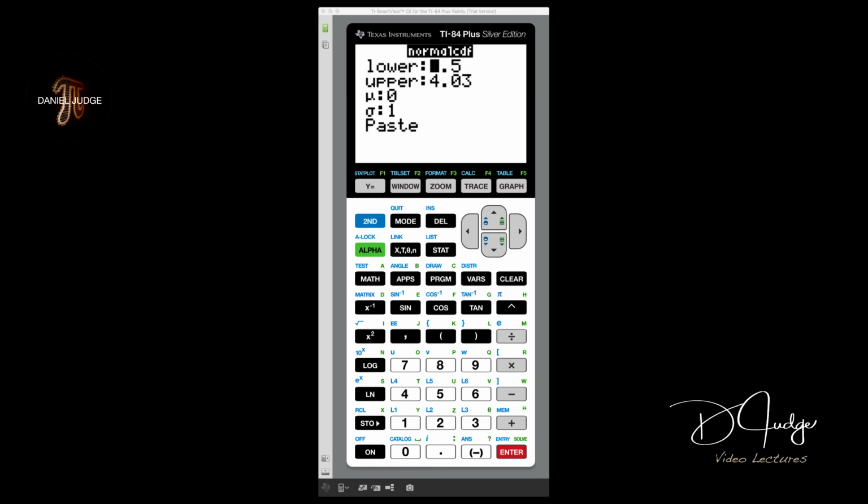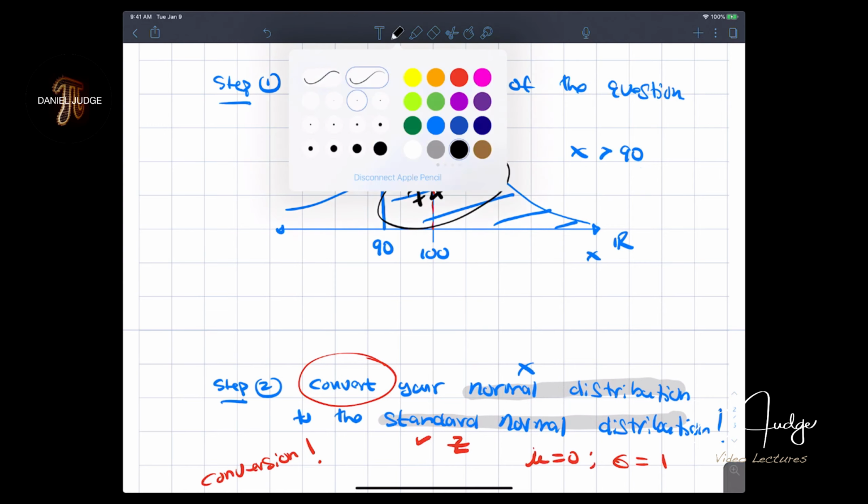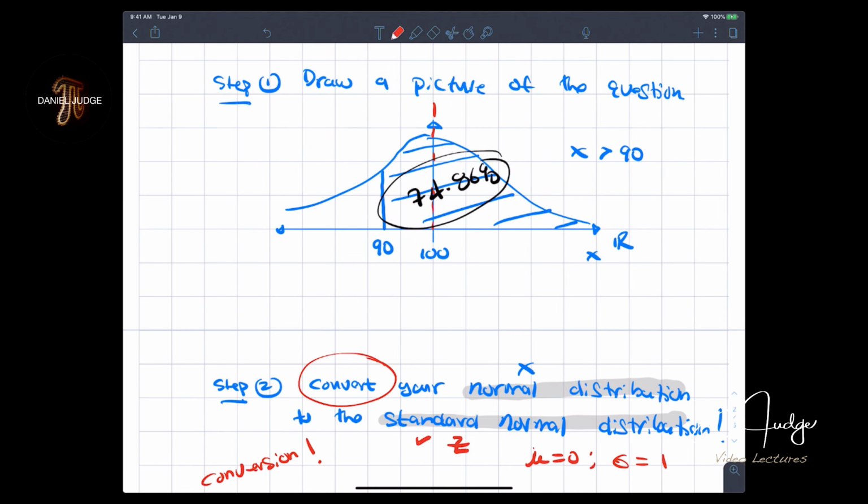So let me go back over here to the iPad, and let's remind you, go back to this picture here. Let's erase everything. I'm going to go all the way back even to the X distribution here, right? Read this left to right. This is the lower value. And then I ask you, what's the upper value going to be, ladies and gentlemen?